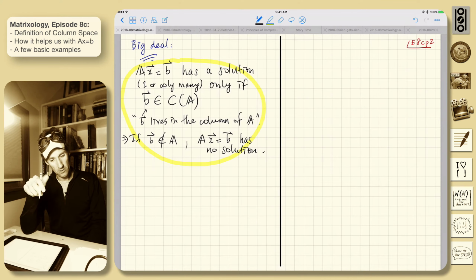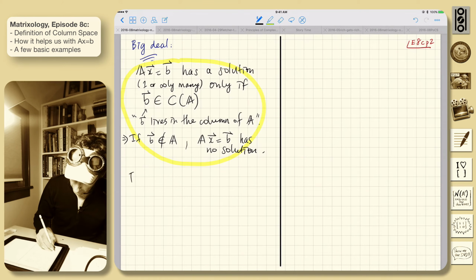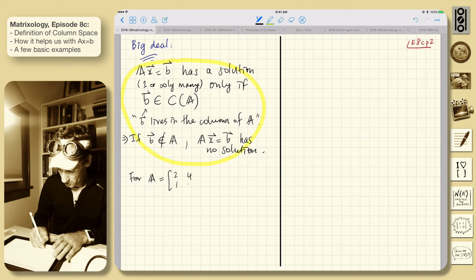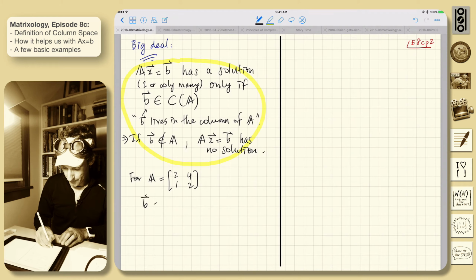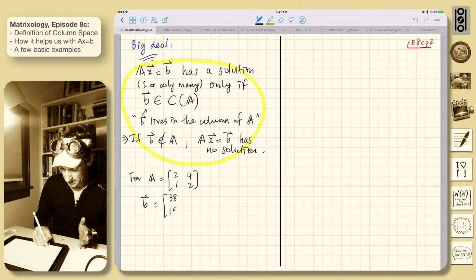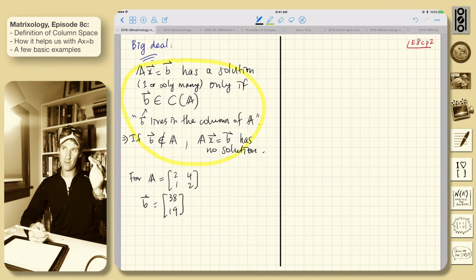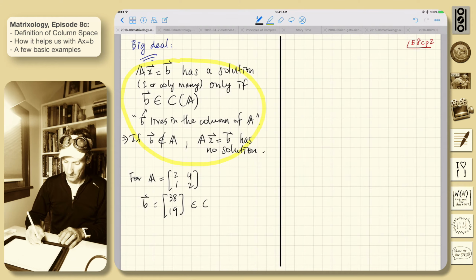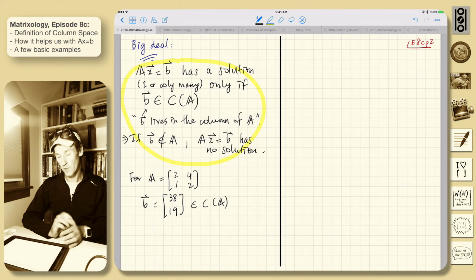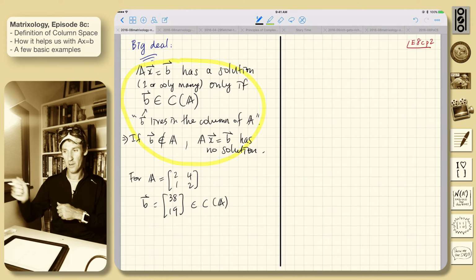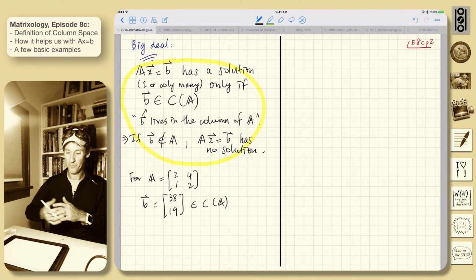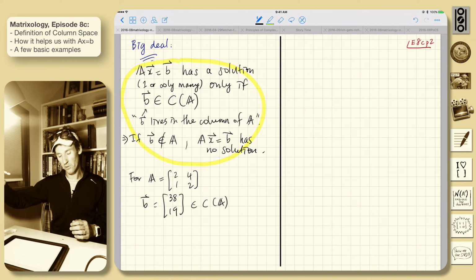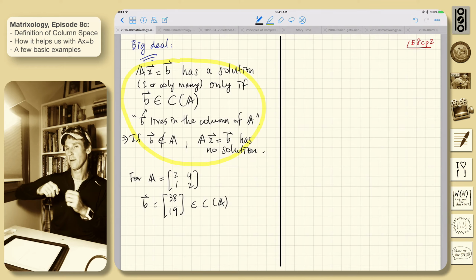So in our example, for A = [2, 1; 4, 2], b = (38, 19) works. We really just need that the first entry is 2 times the second entry. That's in the column space of A. In fact, it has infinitely many solutions because the columns are redundant, so you can go past this solution and go past b and come back, and go the other way and come back.